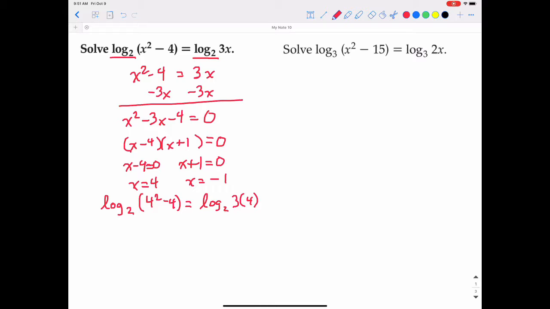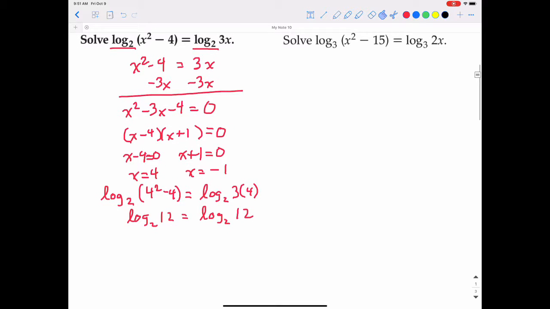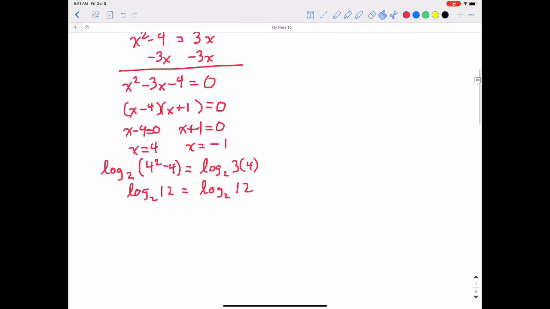And 4 squared minus 4, 4 squared is 16, minus 4 is 12, so that would be log base 2 of 12. And 3 times 4 is 12, so that would be log base 2 of 12, so it checks out. And if it's a real solution, it should also check out with the -1.